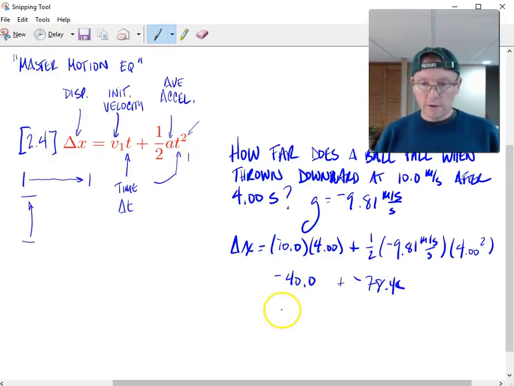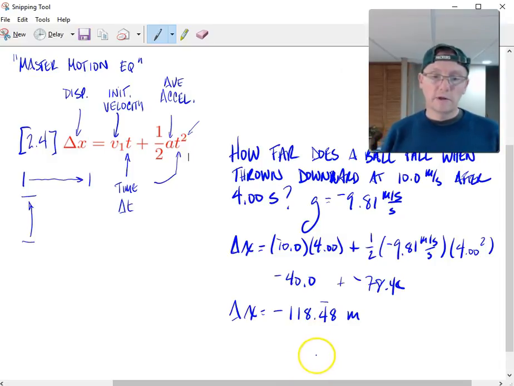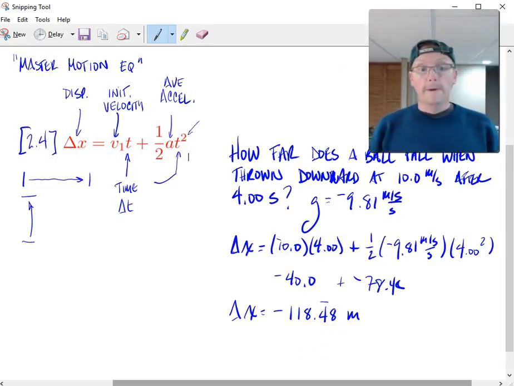So when I add 40 to that, I end up with negative 118.48 meters because it's a displacement. And unfortunately, I only have 3 sig figs, it looks like. So actually, I'm going to add these two. That is 3 sig figs. So yeah, it's the 10th place. So that's what I have, the 10th place. So technically, it should be to the 10th place right there.